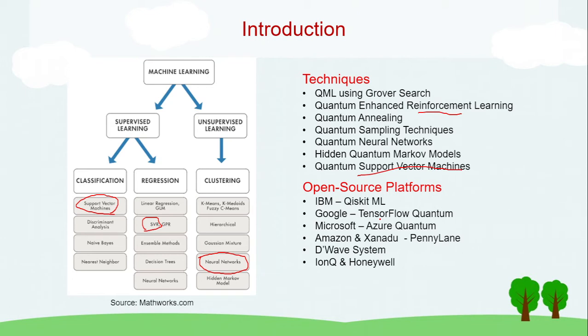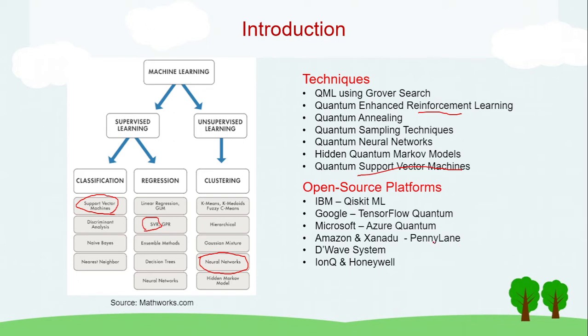Google has done very nice work combining their TensorFlow, which is a very successful classical machine learning tool, and they married quantum with that. Microsoft also has given, under their Azure Quantum platform, a lot of machine learning libraries and functions. PennyLane is one of the excellent websites you can go and see.